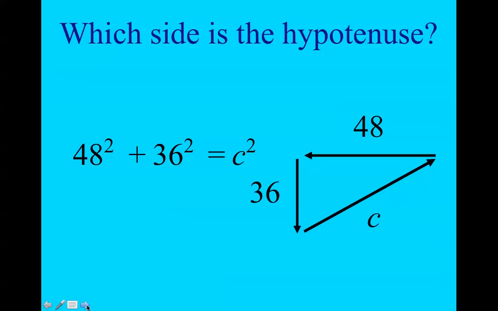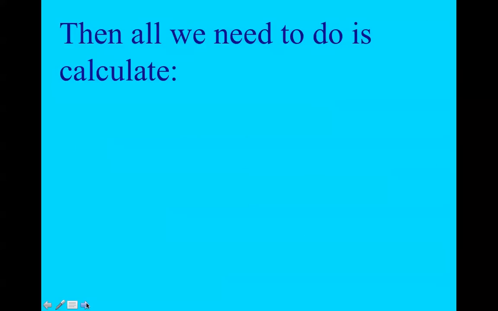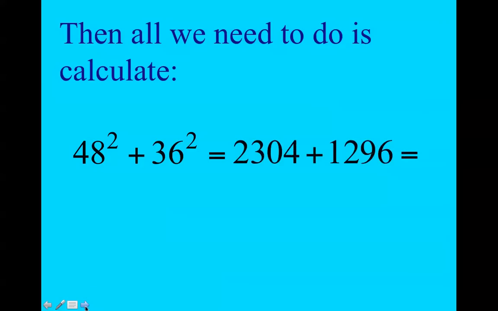We know that C is the hypotenuse. And so now all we need to do is calculate. If I take 48 and square it and add 36 squared, I'm going to get 2,304 plus 1,296, and that equals 3,600, and 3,600 equals c squared.